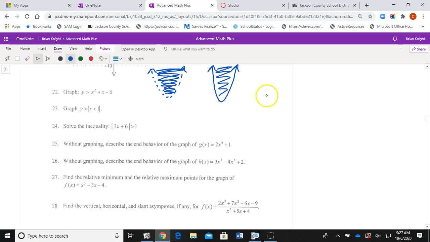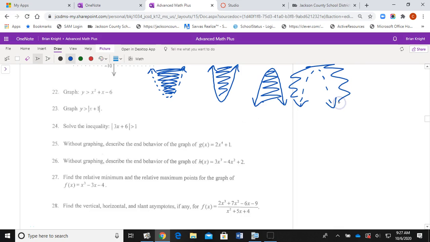You'll have one that's going the other direction maybe, shaded inside. There's a whole bunch of options they could give you. But what you need to know is, hey, greater than, I shade up. Inside or outside, doesn't matter. I go up, okay? No equal sign means dotted line. If it has an equal sign, it's a solid line, okay?